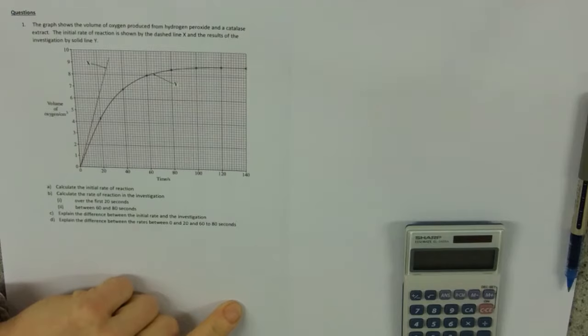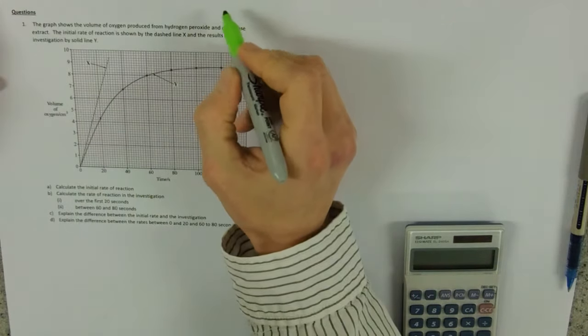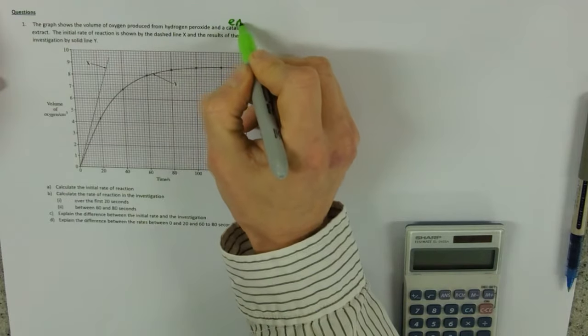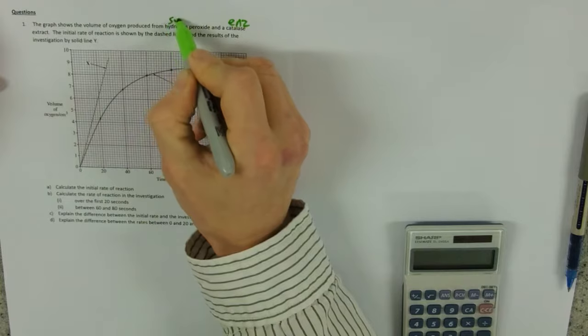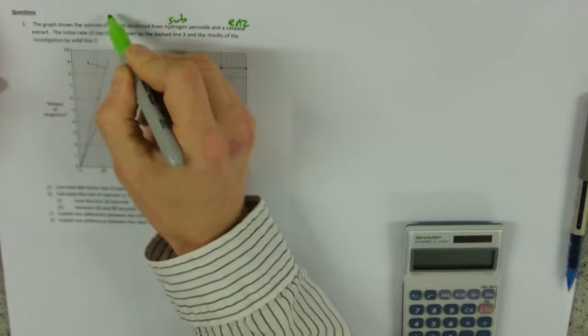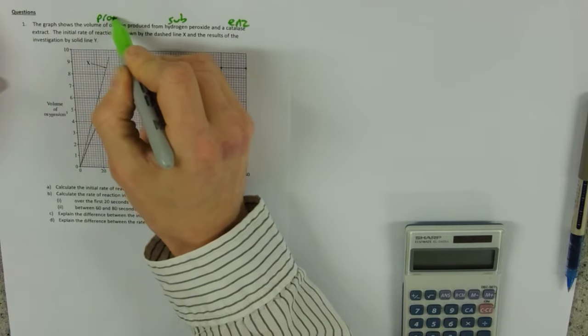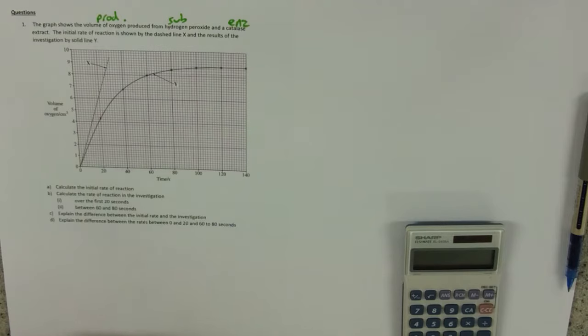In any enzyme experiment, it's wise to decide what's what. That's our enzyme. Hydrogen peroxide, that's our substrate, and the volume of oxygen is our product. Product, substrate and enzyme.